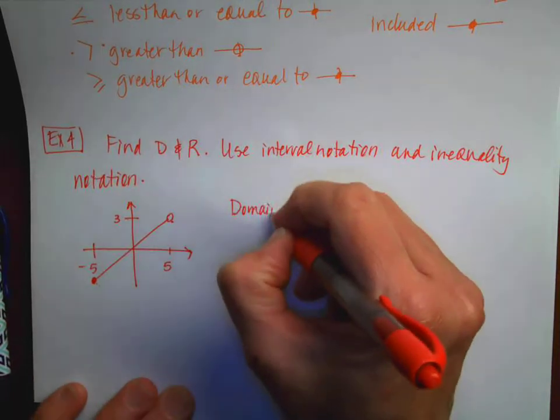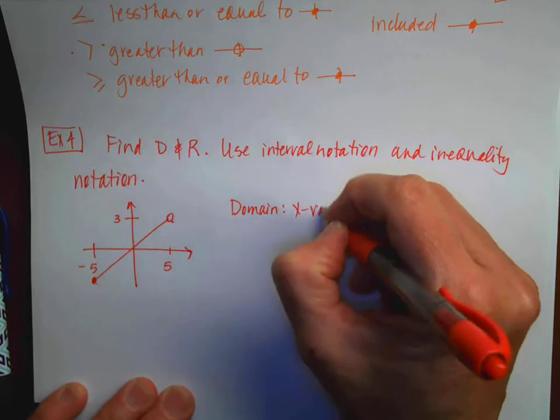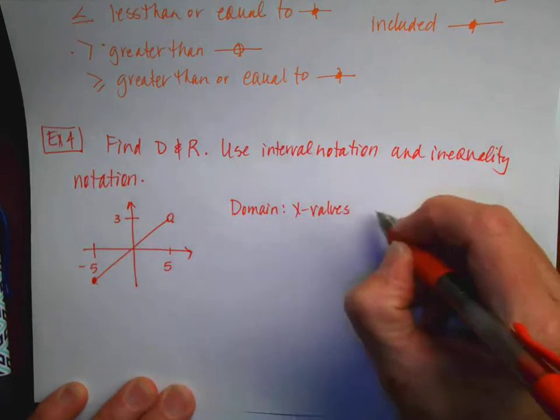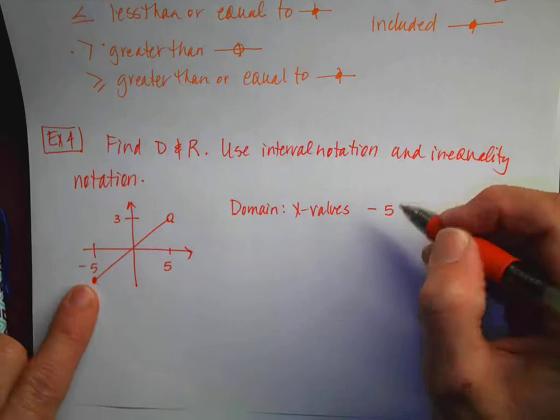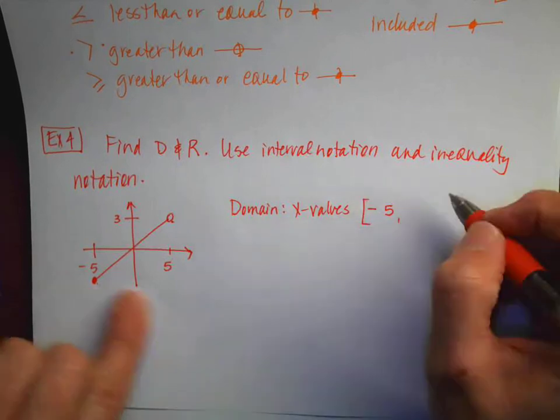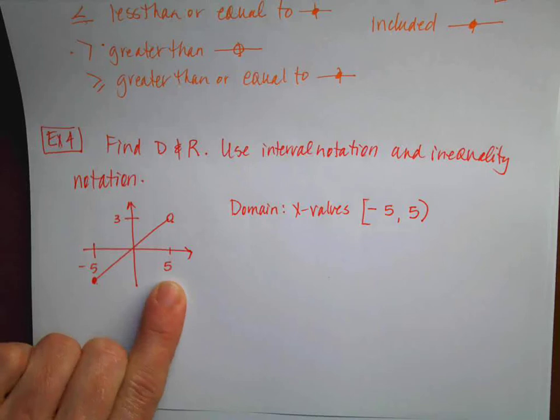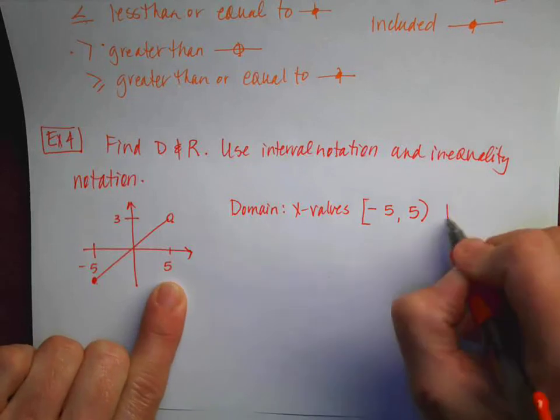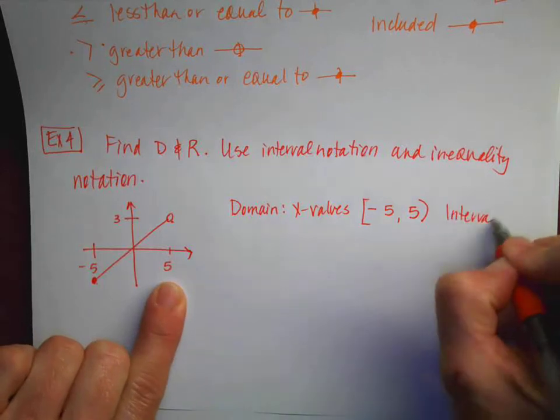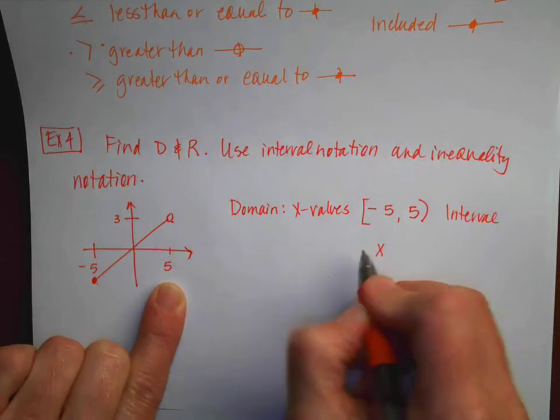So my domain, which are my x values, are going to go from negative 5, included, and they're going to stop at positive 5, not included. And so this is my interval notation.